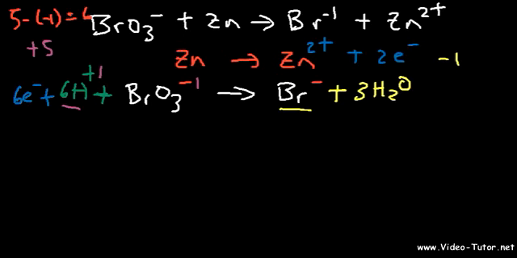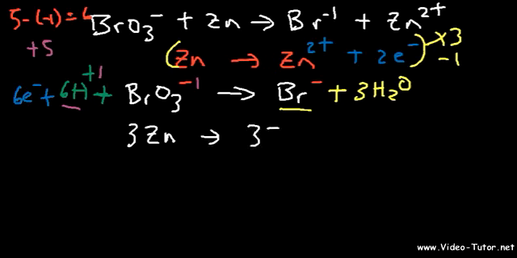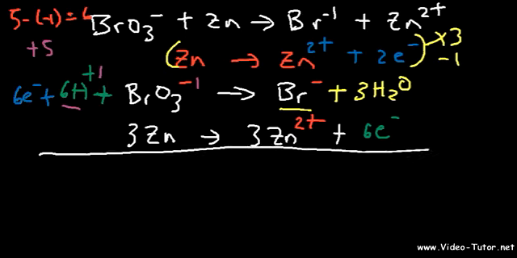However, the number of electrons is unequal, so we have to multiply the zinc reaction by 3. So we have 3 Zn yield 3 Zn2+ plus 6 electrons. Now we can add the two equations.